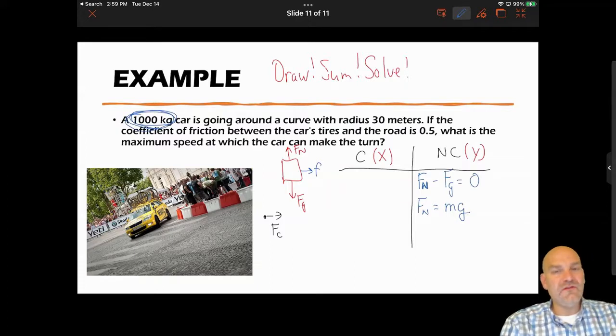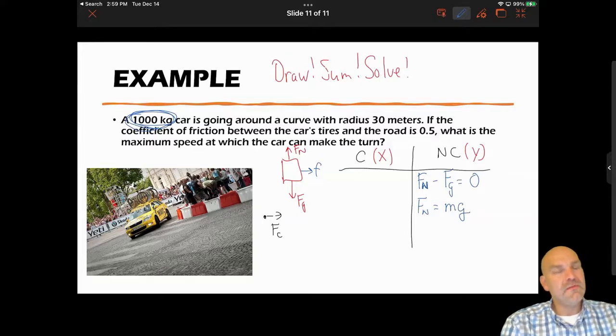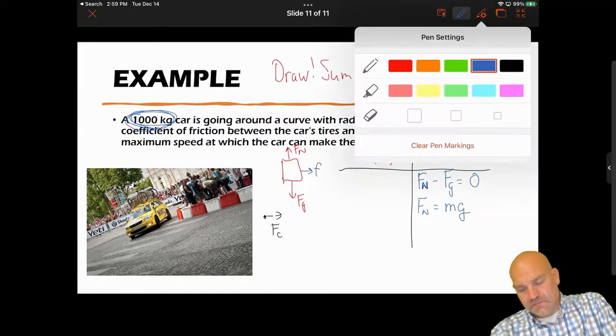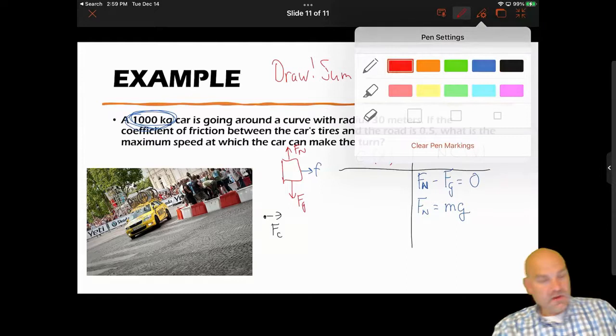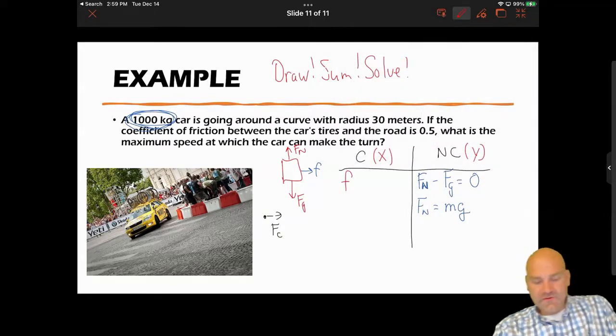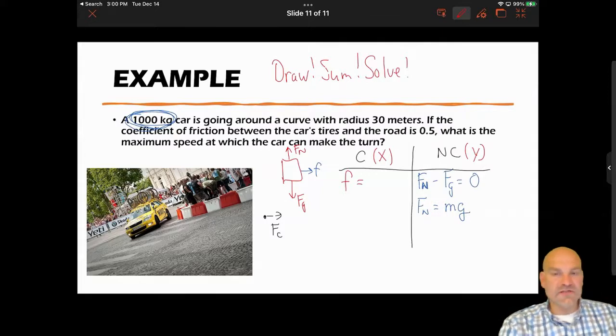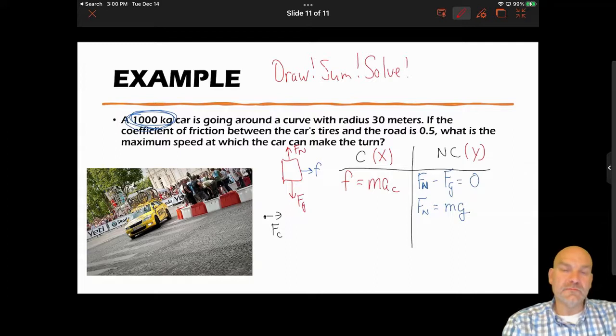Okay. It's good that they gave it to you here so you can plug in numbers and get an actual number for normal force. But let's go through and see if we can solve it without the normal force. Or without the mass. Okay. Now, in the circular direction, I have one force. I have the friction, and that's going to go into the circle as the net force of Fc.